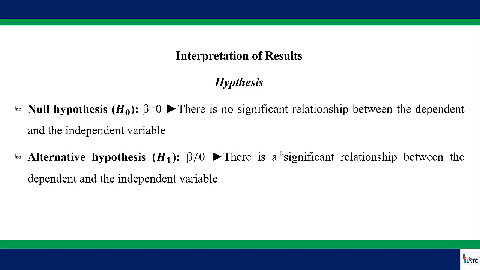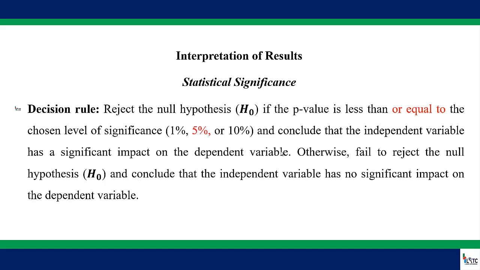So the reason why we look at the type else is because of the hypothesis, because it is directly related to the hypothesis. So now, when you are looking at the statistical significance, then you have this decision rule.